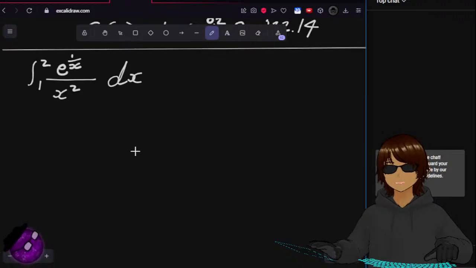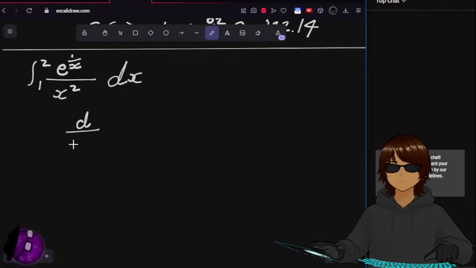And then derivative, let's say x to the power of minus 1.